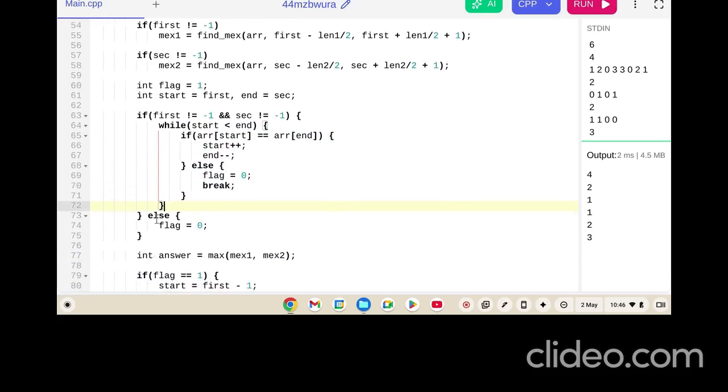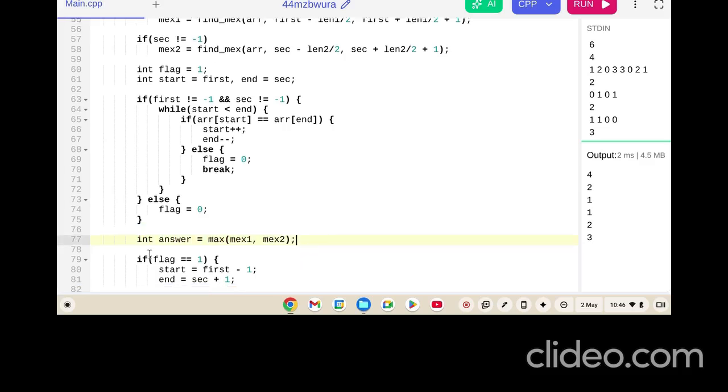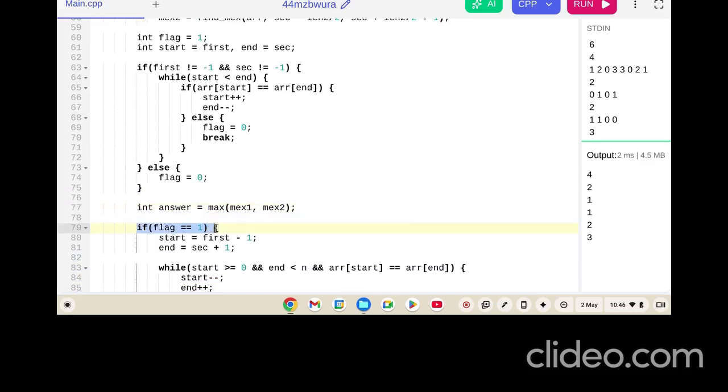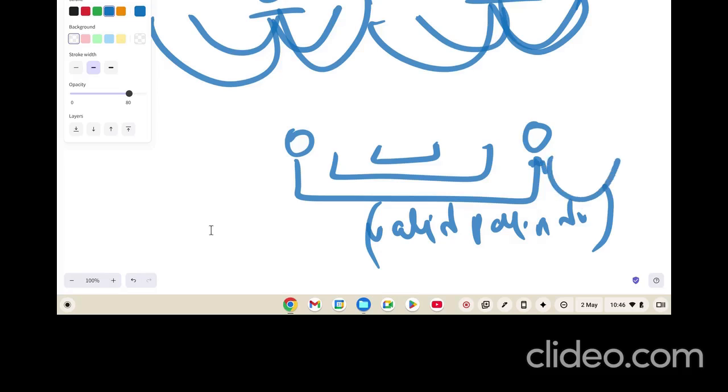So if my flag is 0, answer initially I'm storing as whatever initial max was there. If my flag is equal to 1, what does this mean? That means that this was a valid palindrome. If this was a valid palindrome, then you tell me, until now what you understood. What you understood is now start expanding around the left elements and the right elements.